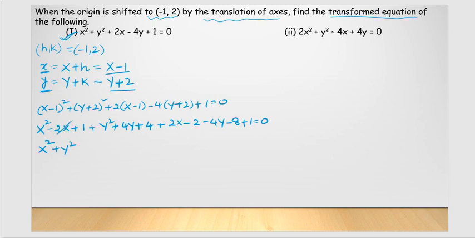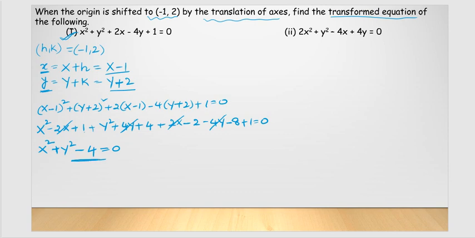Next, X terms: minus 2X plus 2X gets cancelled. Next, Y terms: plus 4Y minus 4Y gets cancelled. Next, constants: 1 plus 4 is 5, 5 minus 2 is 3, 3 minus 8 is minus 5, minus 5 plus 1 is minus 4. Then the answer is X square plus Y square minus 4 is equal to 0.